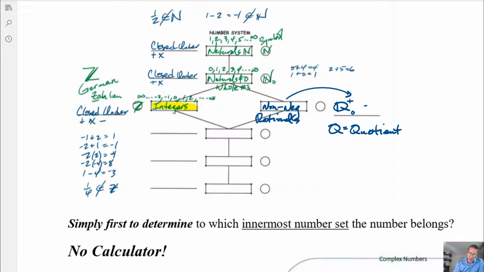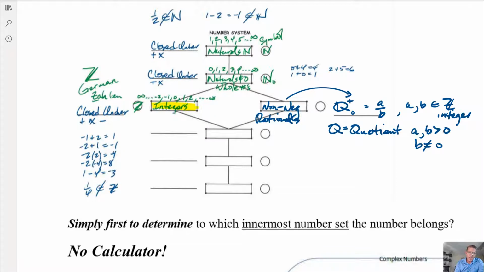It looks like A divided by B, basically a fraction, where A and B are integers, so they're elements of the set Z, the set of integers. A and B are greater than or equal to 0, to make them non-negative, either 0 or positive. And obviously B cannot be equal to 0, because you cannot divide by 0.